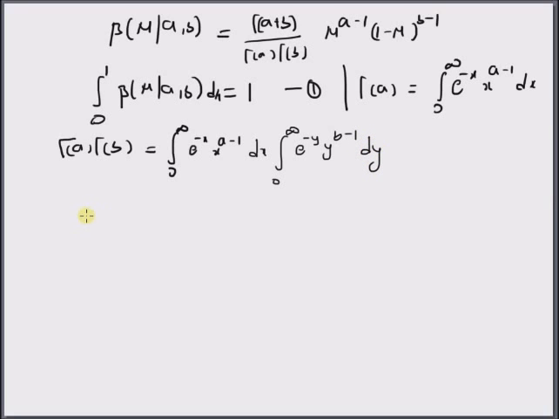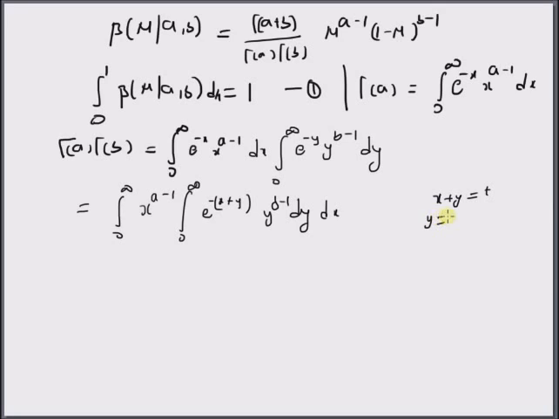This is again equal to the integral from 0 to infinity, keeping the x terms, x power a minus 1, and then we have the integral from 0 to infinity of e power minus (x plus y) multiplied by y power b minus 1 dy, of course dx.